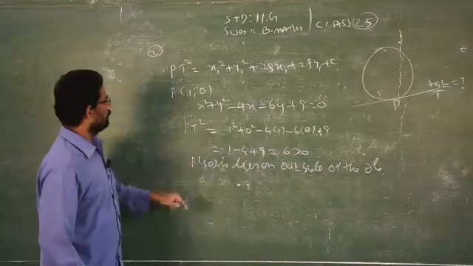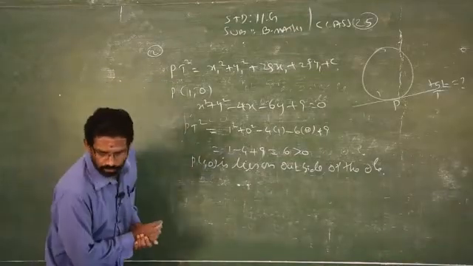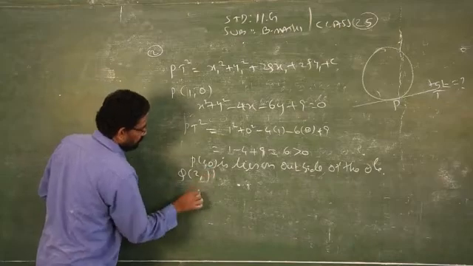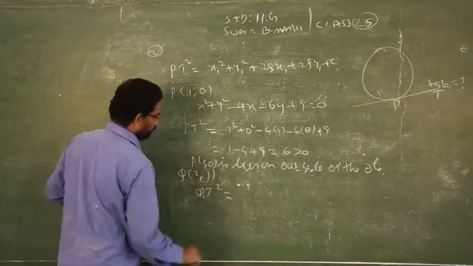Clear? Next you have to take another point. What is the next point given? Q. That is QT square.